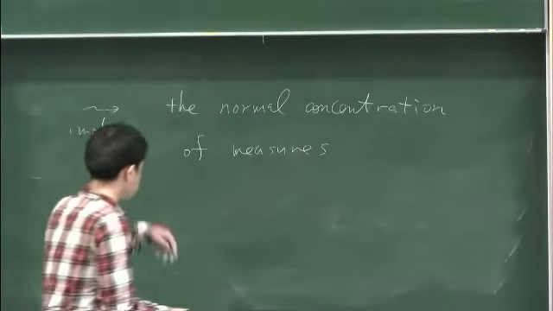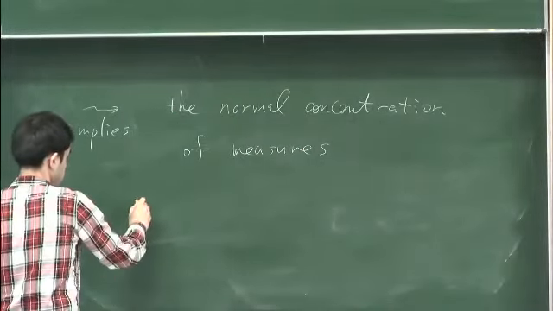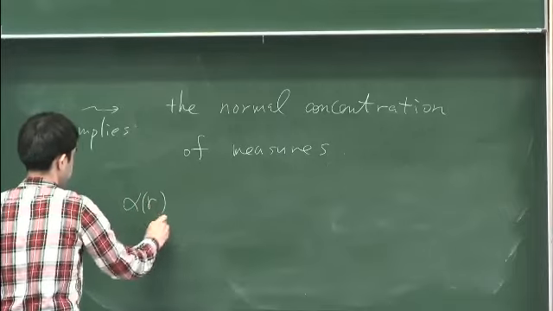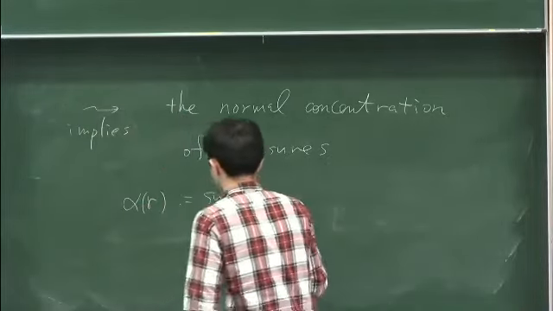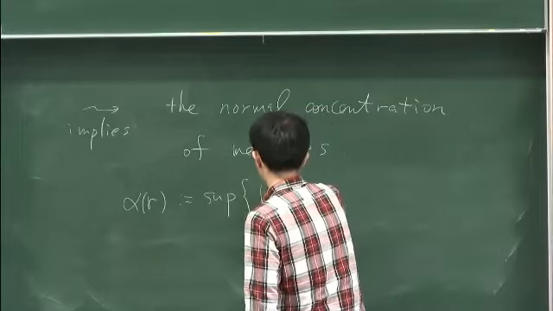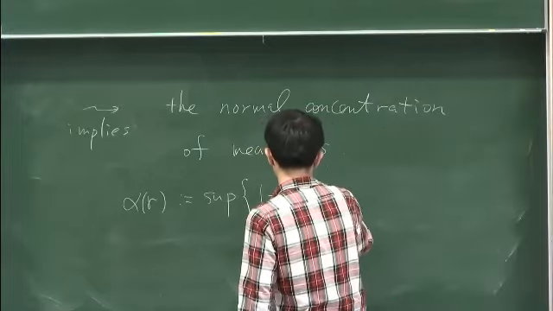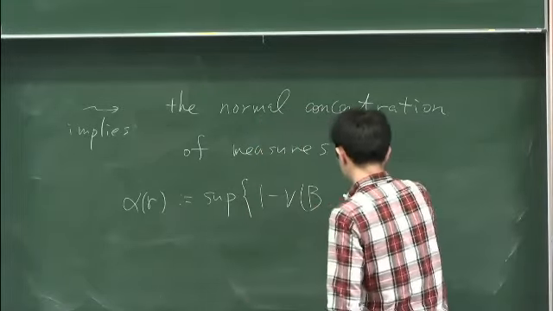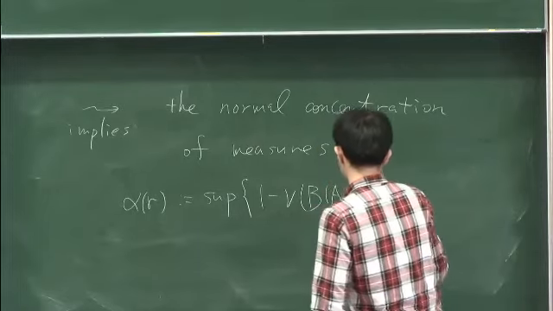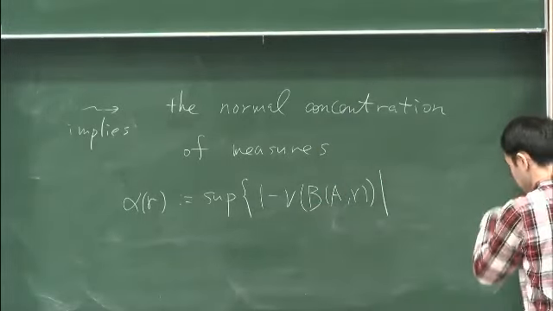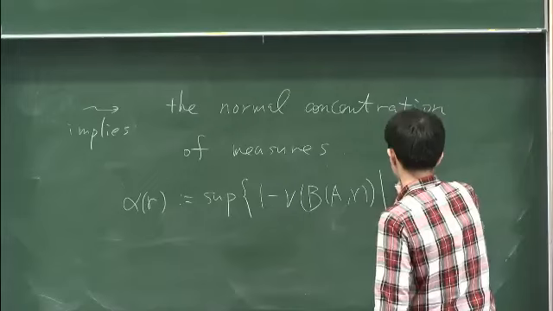To be precise, this means we consider the concentration function defined like this: the supremum of 1 minus mu of the r-neighborhood of some set A, where A has at least half of the total volume.